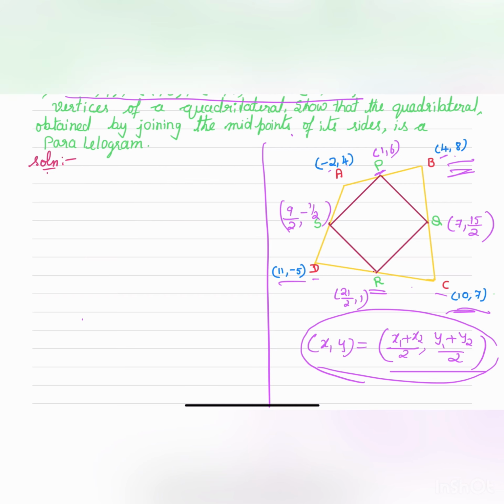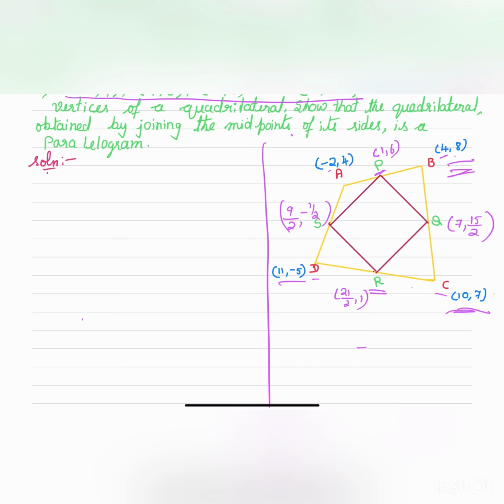Now, P, Q, R, S are the vertices of the quadrilateral which is formed by joining the midpoints of the bigger quadrilateral. Now we have to prove that PQRS is a parallelogram. To prove that, we have to prove that the opposite sides of the quadrilateral are parallel.